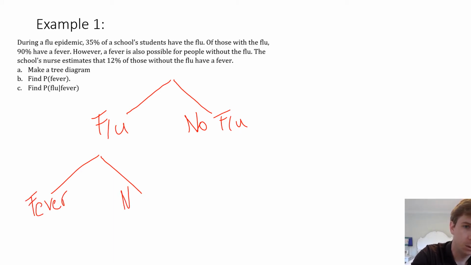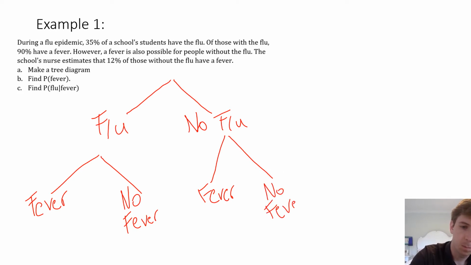If you have the flu, you could not have a fever. And the same branch break over here for the no flu. We'll have fever and no fever.